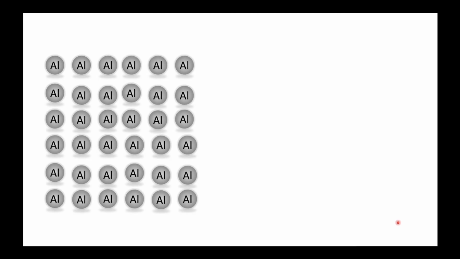Let's say you are aluminum, but you are not alone. There are other aluminum atoms like you. And all these aluminum atoms come together and they sit at certain distances in a certain pattern to form something called a phase. This, for example, is one phase. Now, let's say there is a copper atom which would like to come into your phase.